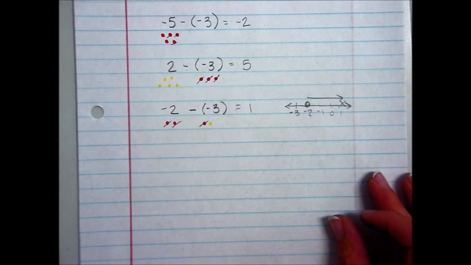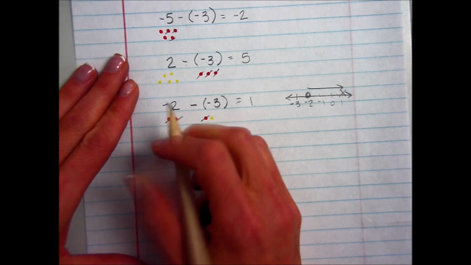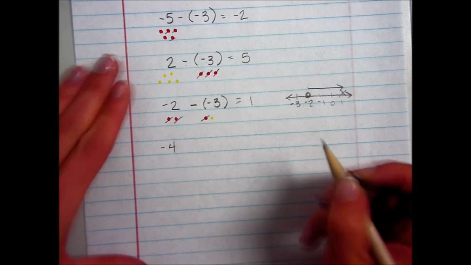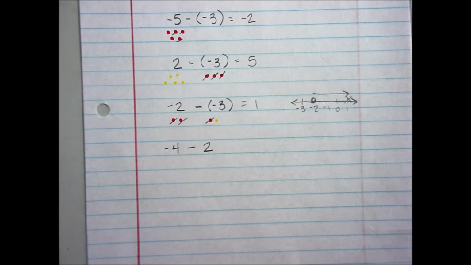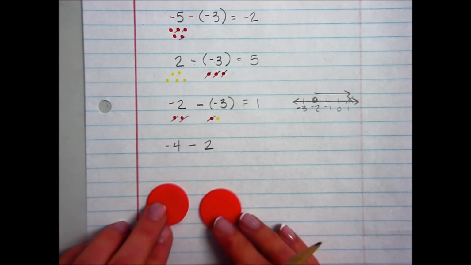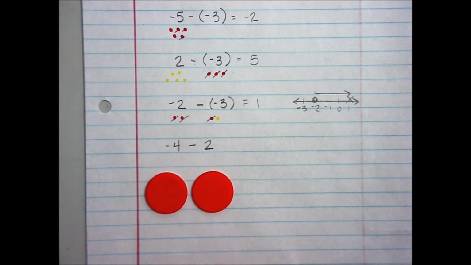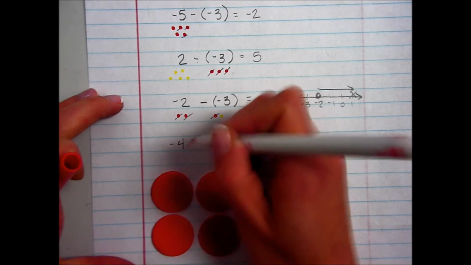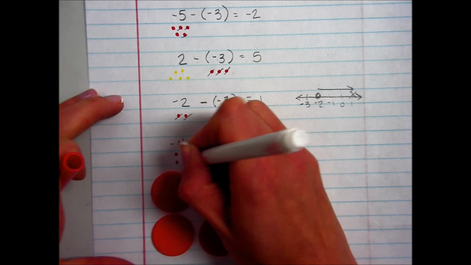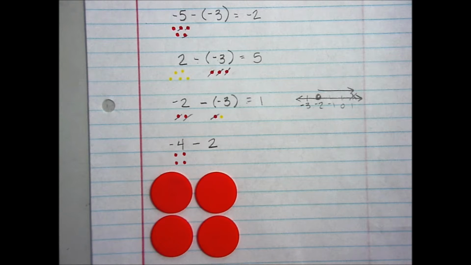All right, and one more. Okay, we have a -4, and we want to take away a +2. All right, so start with -4. Okay, but we need to take away +2. Do I have any positives on the board? I don't have any positives on my board, so how do I do that?